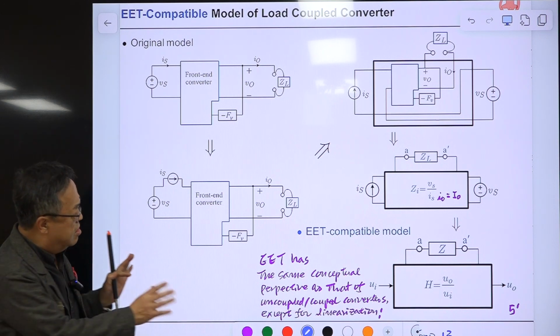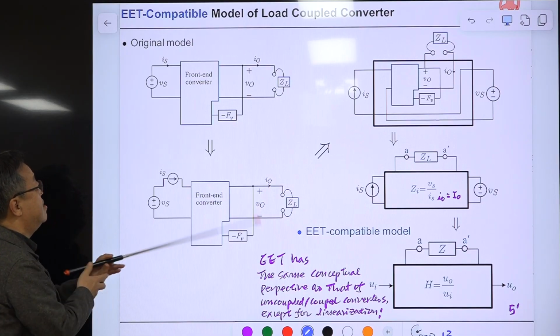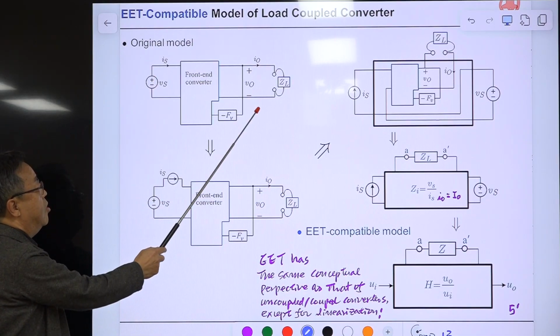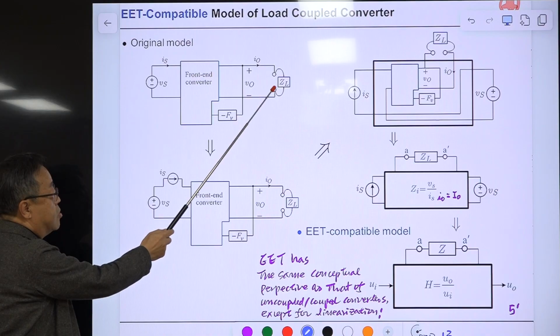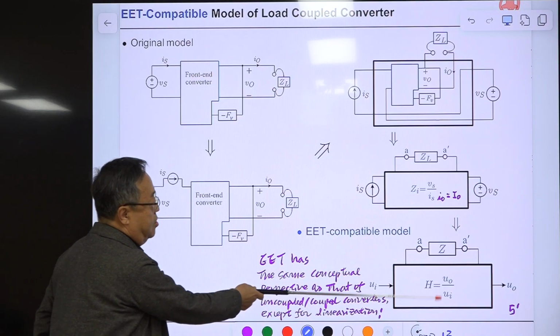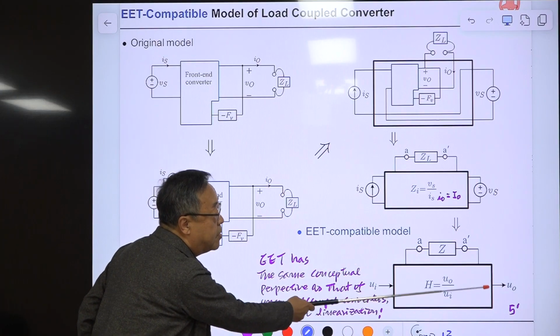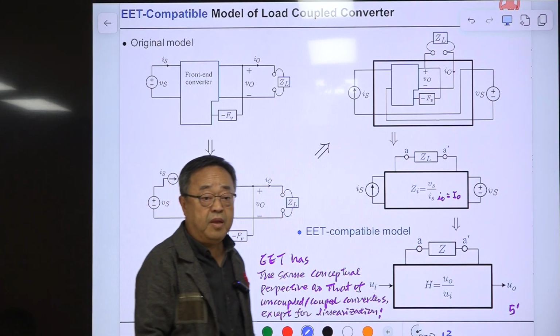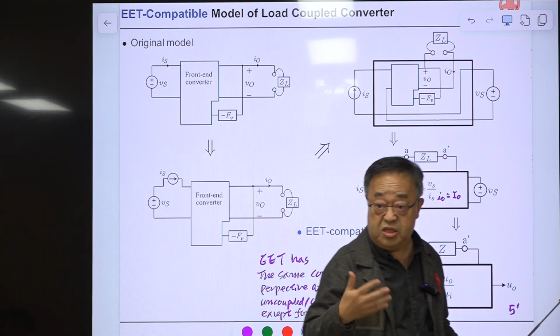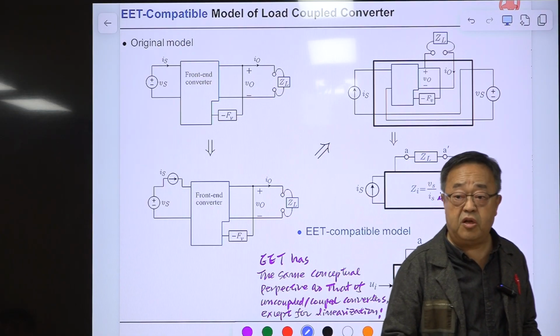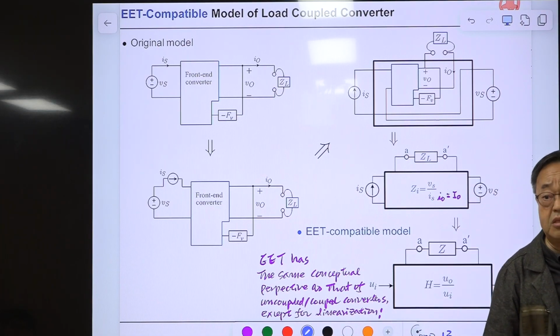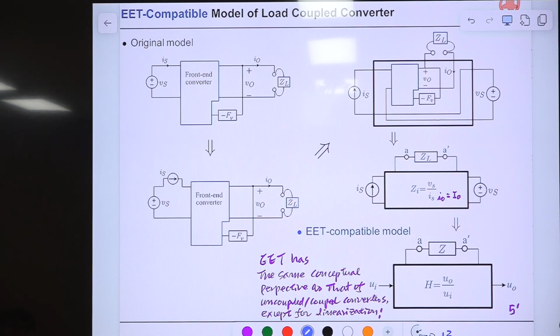It's amazing, this concept of the uncoupled converter and the load coupled converter and the basic setup for the EET. Middlebrook used this setup to explain the EET. The original version of EET, I said, Hendrik Bode proposed maybe 60 years ago, but the name was something else.